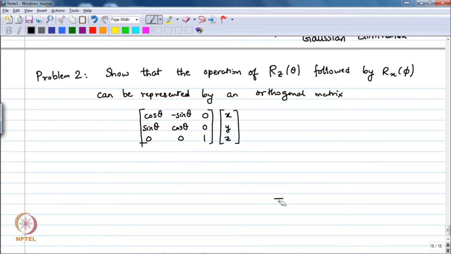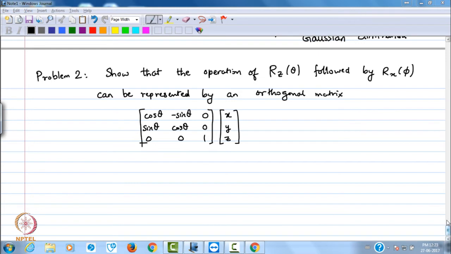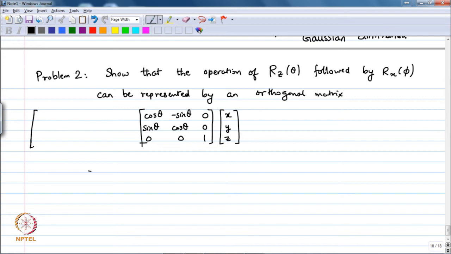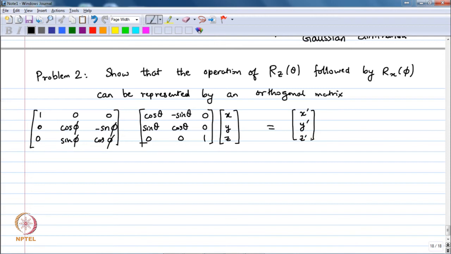This operation gives you another vector, and you operate on this vector by R x of phi. What is R x of phi? That is 1 0 0, then cos phi, minus sin phi, and then cos phi. When you do this you get, let me call this, x prime, y prime, z prime.